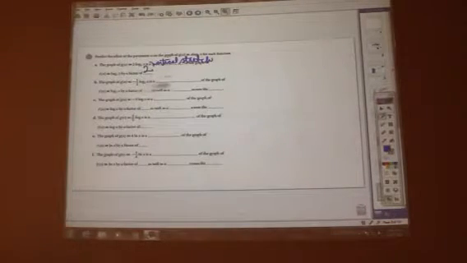A 1/2 here would be a vertical compression by a factor of 1/2, as well as a reflection across the x-axis.